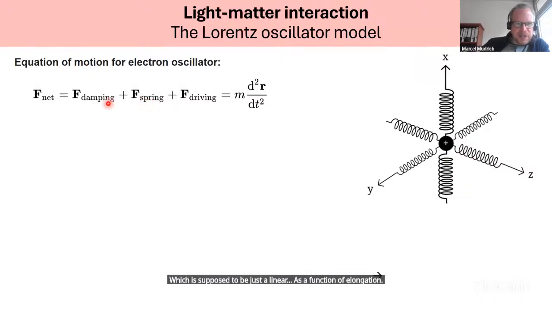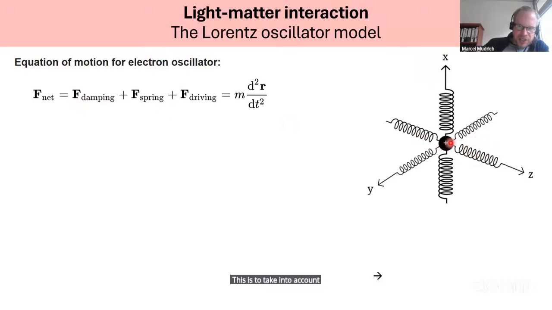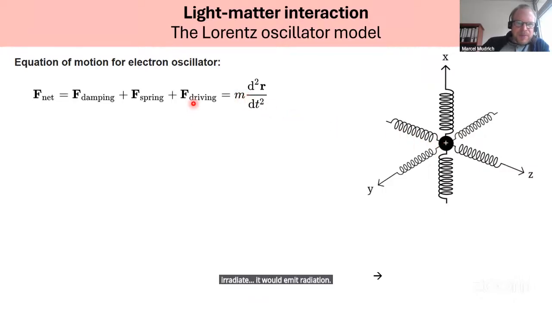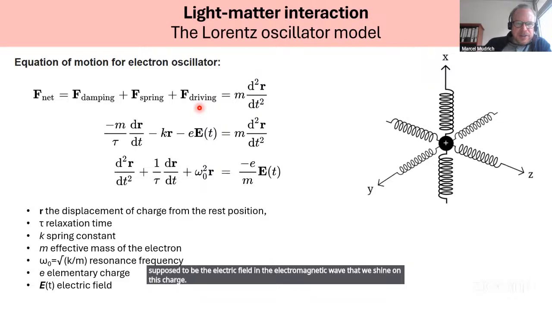We have a damping force. This is to take into account that it's a charge in the end. The electron is a charge that, when it's accelerated, will emit radiation. And we have a driving force, which is supposed to be the electric field in the electromagnetic wave that we shine on this charge.